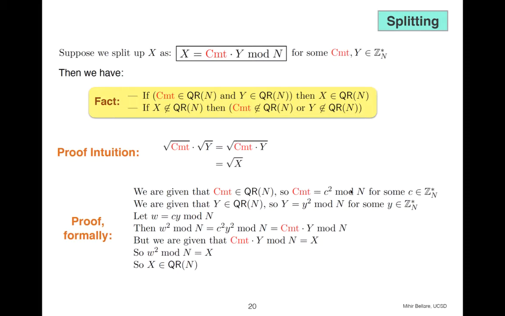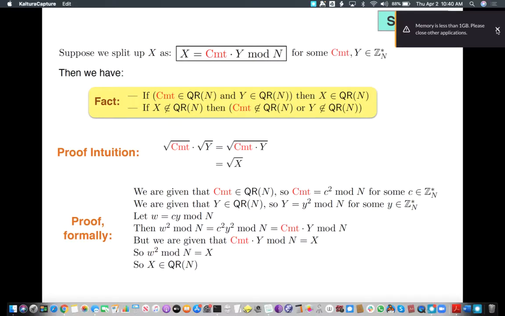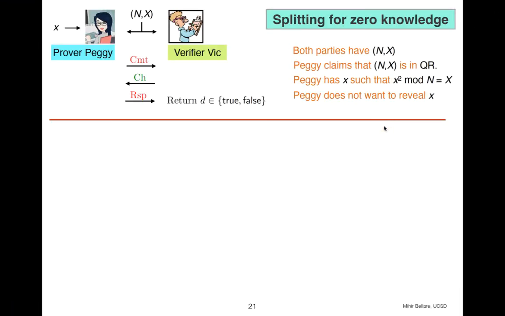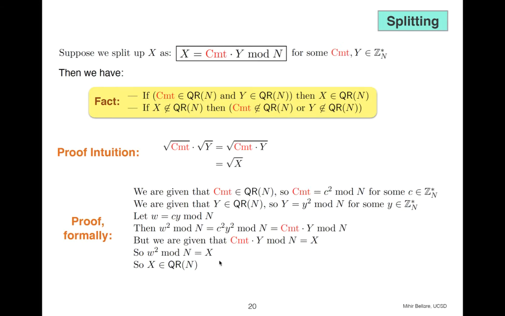Now take the product of these two square roots c and y, and notice that that's a square root of big X. Why? Clearly, if you square w, you get c squared y squared, which is this times this, and this times this we assumed was equal to big X. So now we know that w is a square root of big X, and that makes big X a quadratic residue.